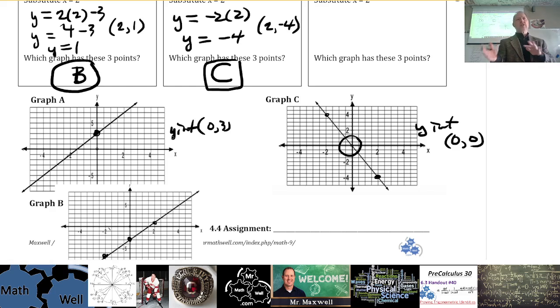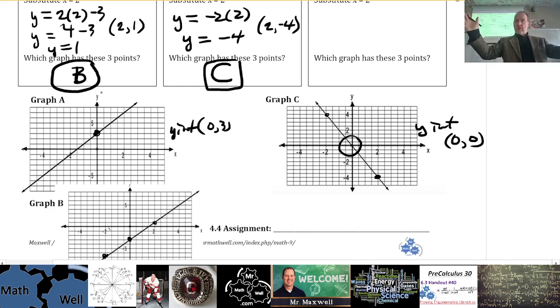Now, we haven't really done this yet, I don't think we've done this in class yet, but how does the slope in the graph work? Well, remember what we did with the table of values. The constant change in y divided by the constant change in x. So slope is the vertical change divided by the horizontal change. Have you ever heard of rise over run for slope?